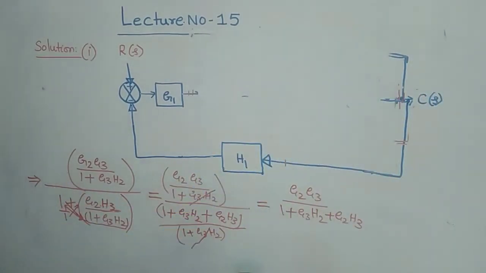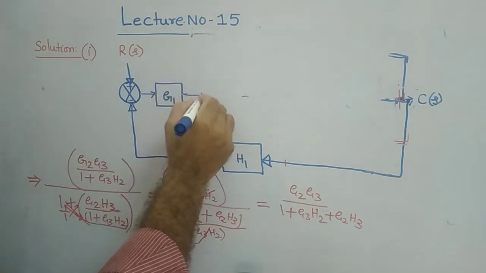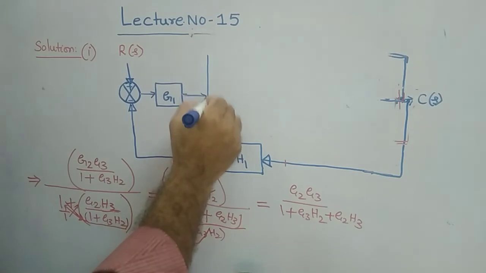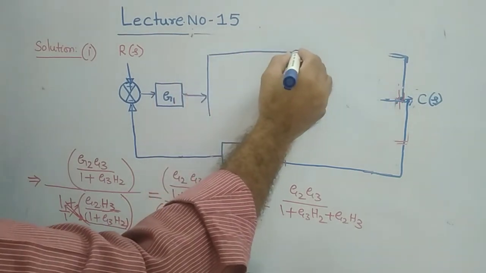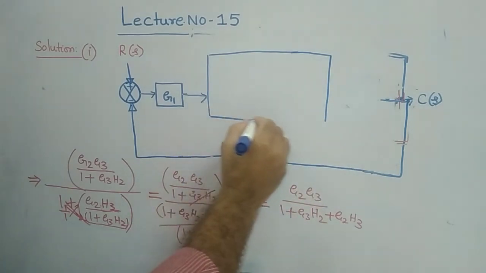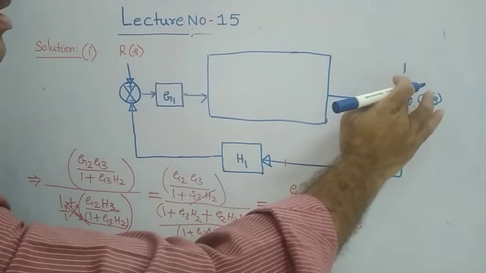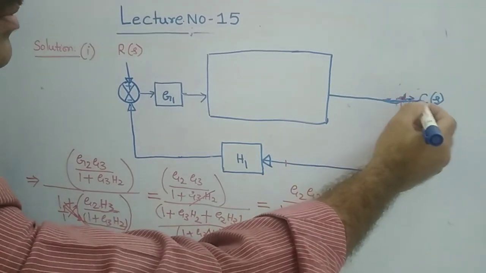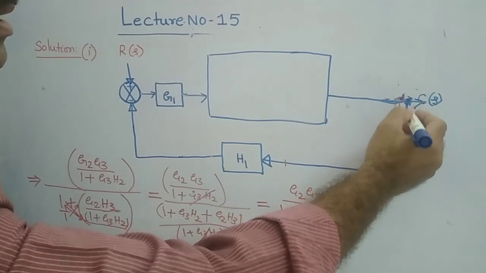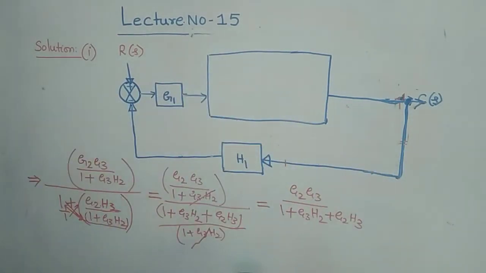Then what I will do here, you just draw one block, and this is your output. This entire thing is not at all there now, simply you have your output connection here. What will be there in this box?